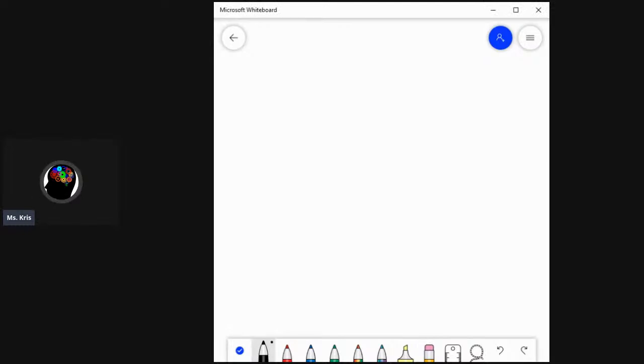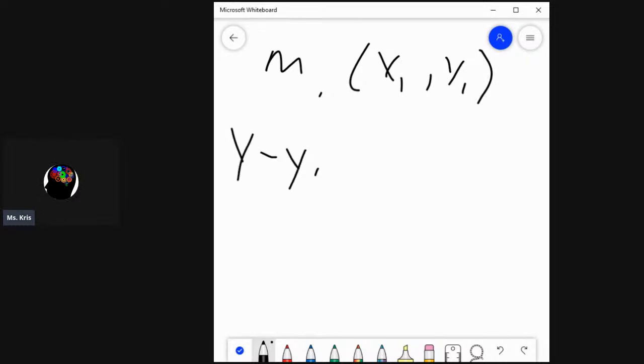Just to recap, point slope simply says that if I have a slope, which is m, and I have a point, which would be x1 and y1, then I can plug my numbers into this formula. The formula you see in front of you is called point slope form.